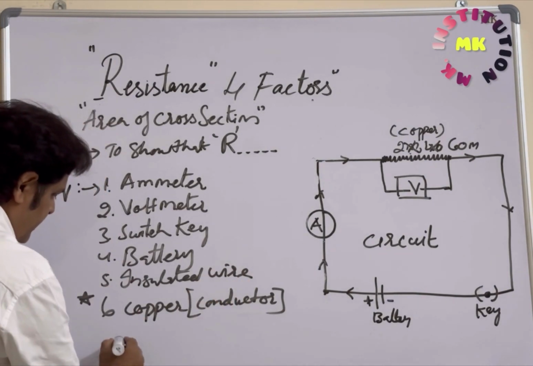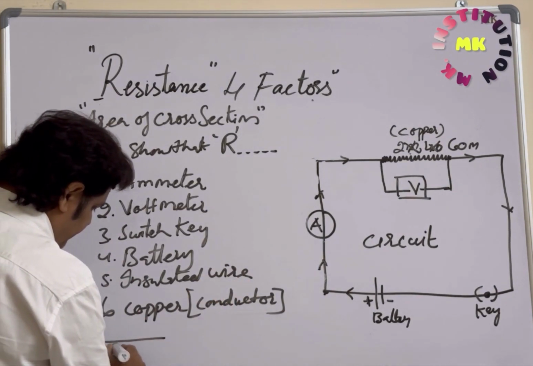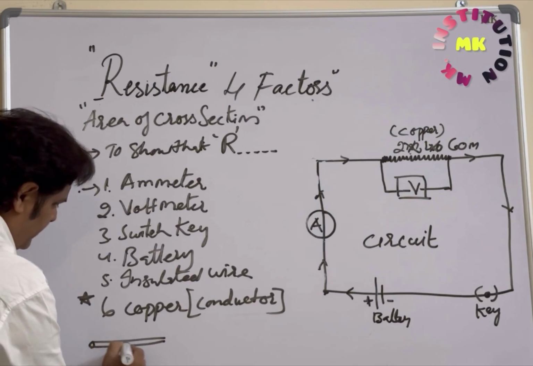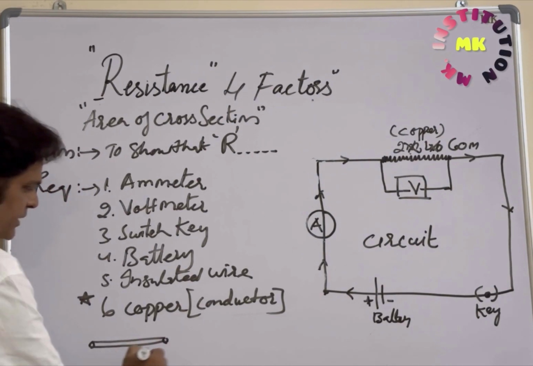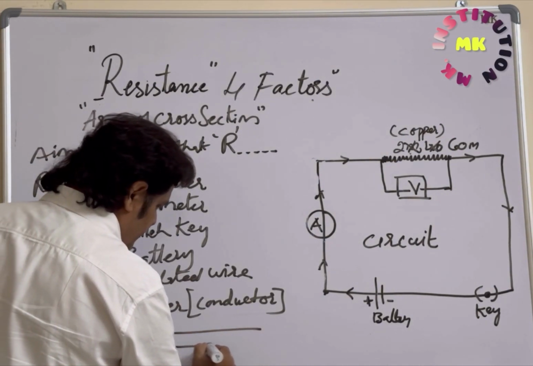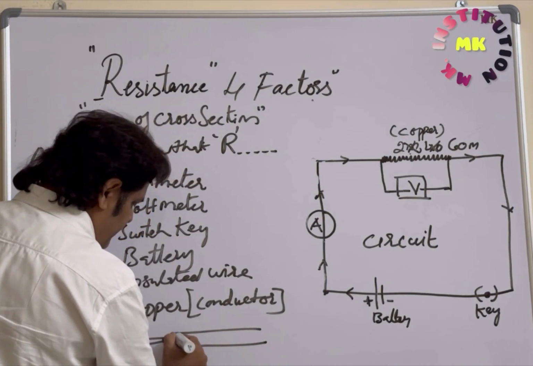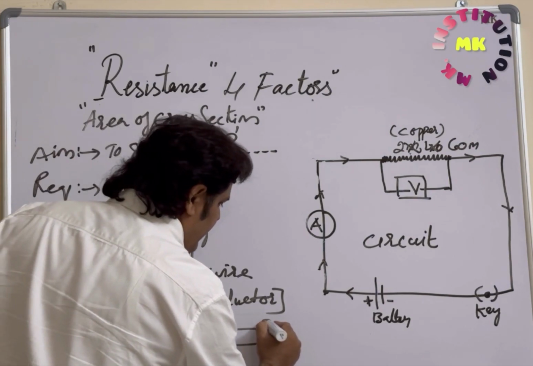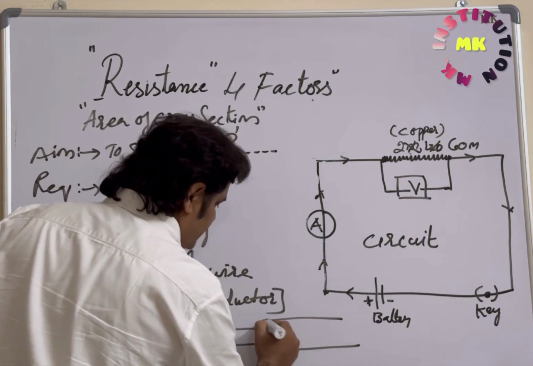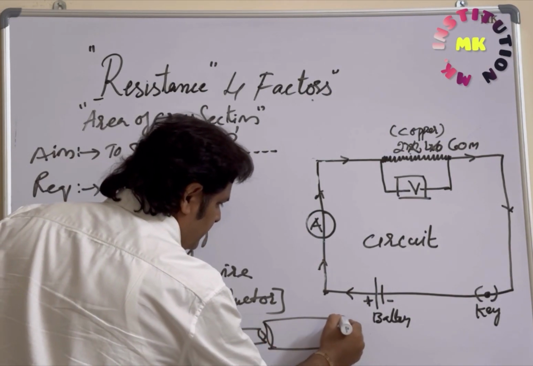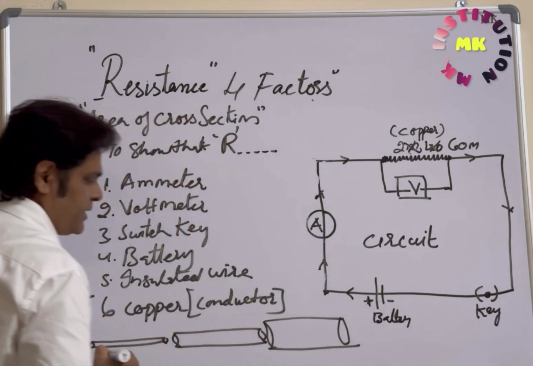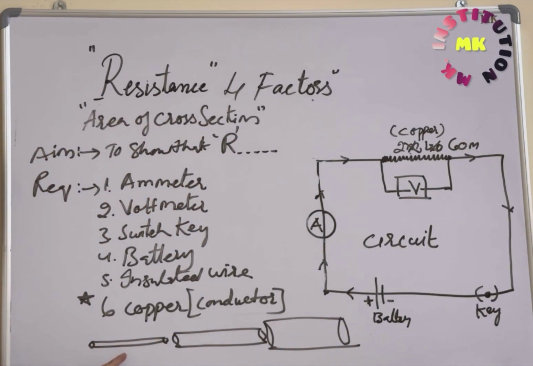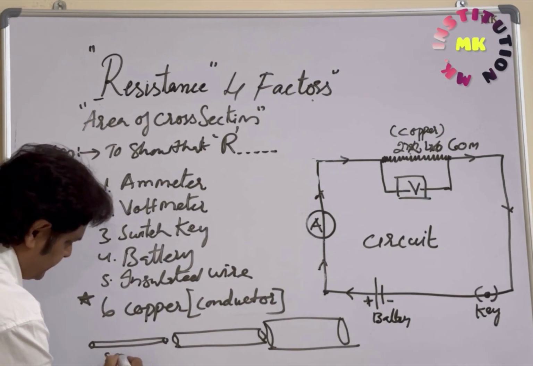The first is very thin, a small one. Second, a little bit bigger, medium. Then the big, large one. These are the three wires. Clear?